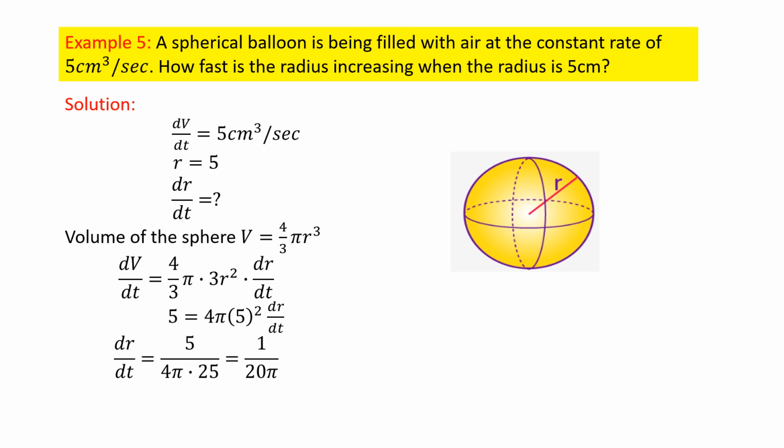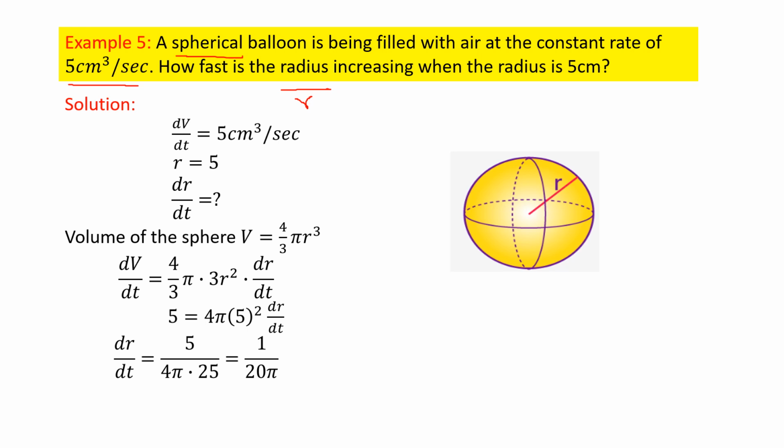Question number 5. Once again, we are dealing with the spherical shape. A spherical balloon is being filled with air at the constant rate of 5 centimeter cube per second. How fast is the radius, that is r, increasing when the radius is 5 centimeter?